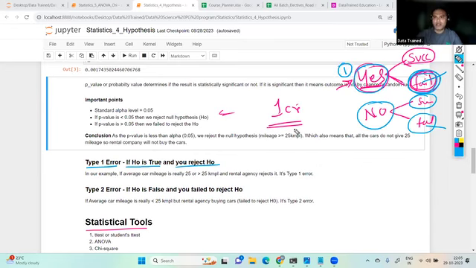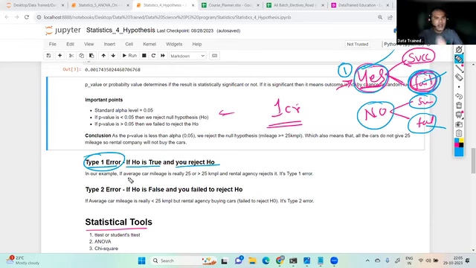But you think, okay, I will not invest, I will reject your opinion. But actually, if you had invested, you would have made some profit. But you rejected this. That is a mistake. So that is a type 1 error.